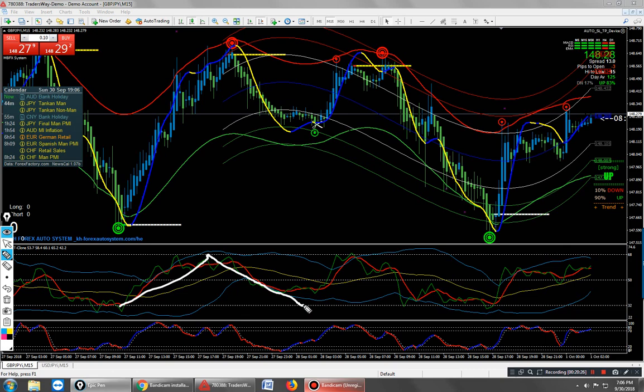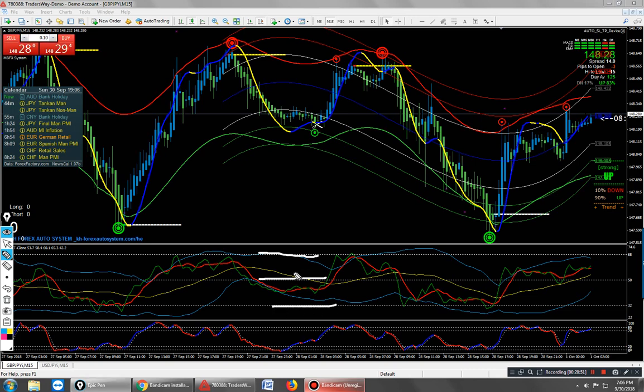Or it could go from 32 to 50 and ride that for a little bit and then go to 68, or go from 68 to 50, ride that for a little bit, and then go to 32. Different scenarios.